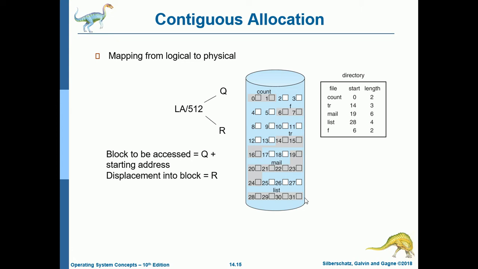And last but not least we have F. The starting block is 6, and it only needs 2 blocks, so 6 and 7 are occupied by file F. So that is that example of contiguous allocation. The blocks it will use are adjacent to each other. That's why I told you contiguous means adjacent.